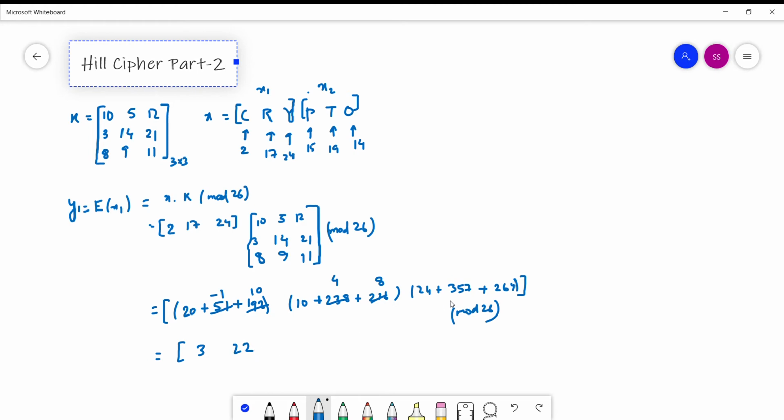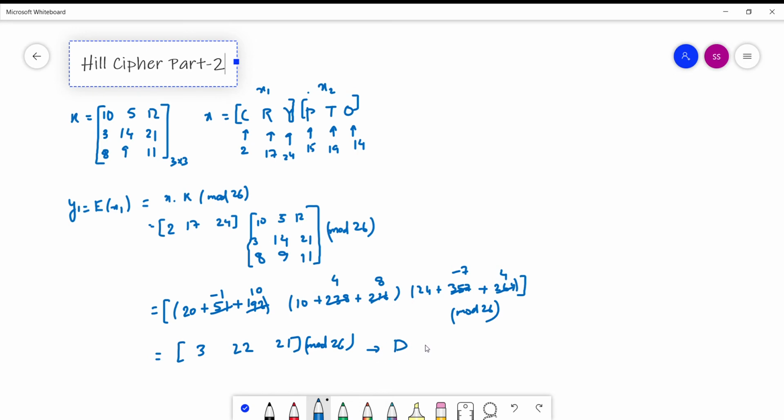And the last one: 357 minus 260 is 97. I will take it as minus 7. Then 264 minus 260 is just 4. So 28 minus 7 is 21. So you can write this mod 26. If you see the values, the first will be D.